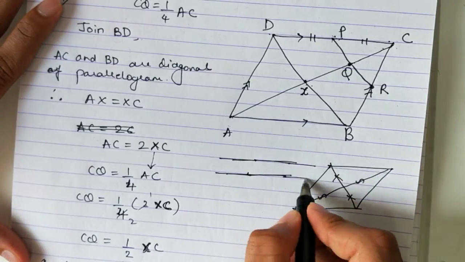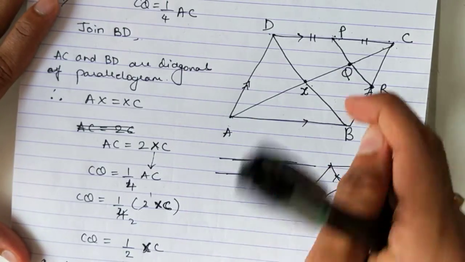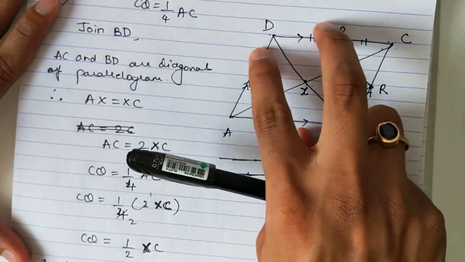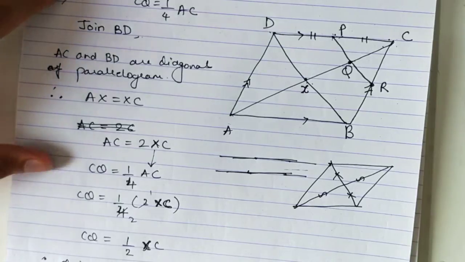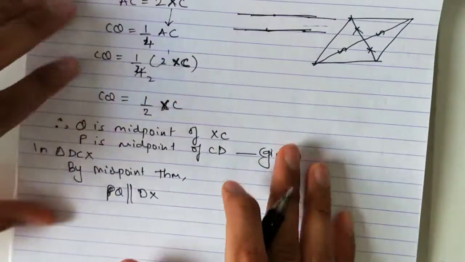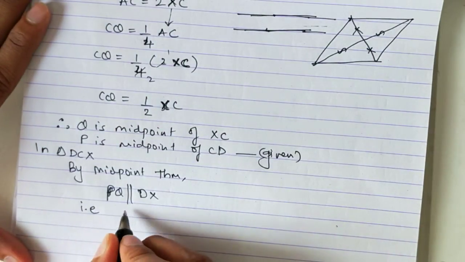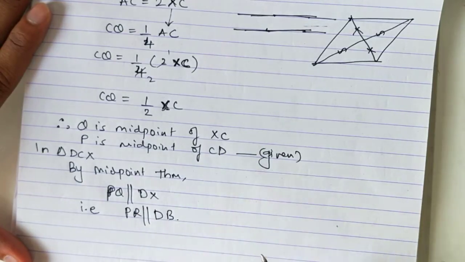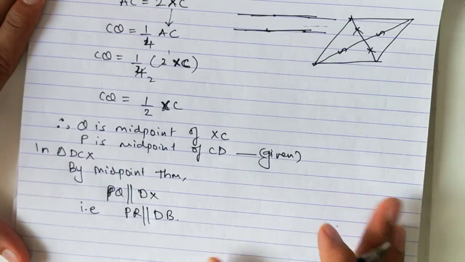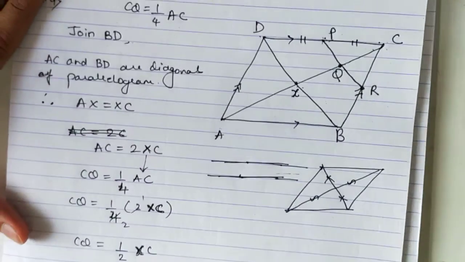No matter how much you extend, these lines will be parallel. So if PQ and DX are parallel, if I extend them, PR and BD will also be parallel. Okay, so I'll write here that PR is parallel to DB.